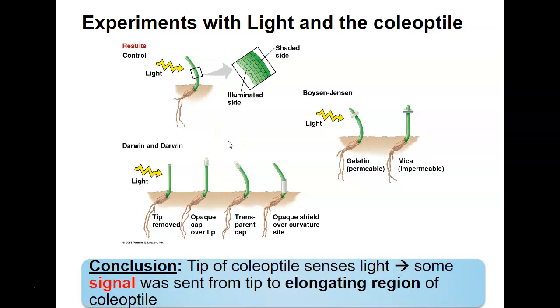So the conclusion was that the tip of these shoots is able to sense light, and that some kind of signal sent from the tip to the elongation region causes that change in direction.